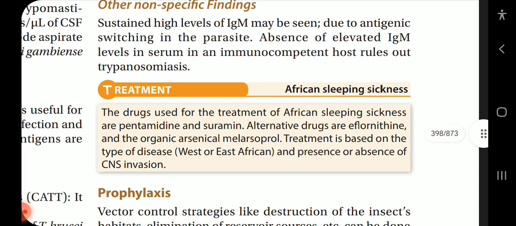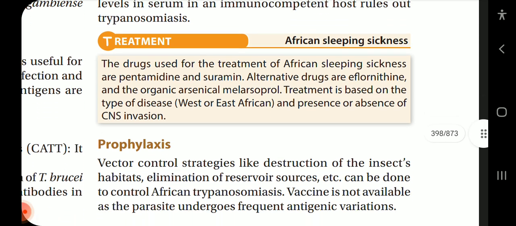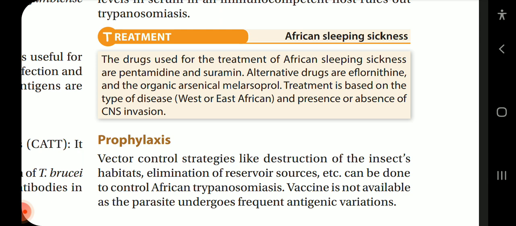Other non-specific findings: sustained high levels of IgM may be seen due to antigenic switching in the parasite. Absence of elevated IgM levels in serum in an immunocompetent host rules out trypanosomiasis. Treatment of African sleeping sickness: the drugs used are pentamidine and suramin. Alternative drugs are eflornithine and the organic arsenical melarsoprol.